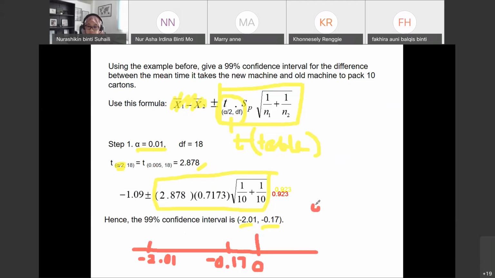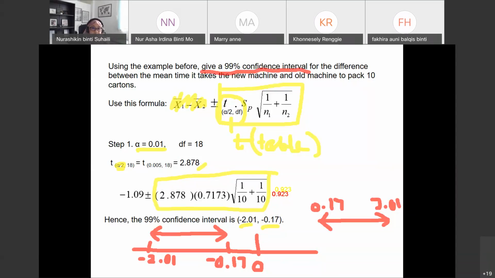If we have 0.17 and 2.01, the range is from 0.17 to 2.01. But for negative values, whatever has the bigger number is actually the smaller value. So the range is from minus 2.01 to minus 0.17. That answers this sub-question, the 99% confidence interval. They want to know the range of the data.